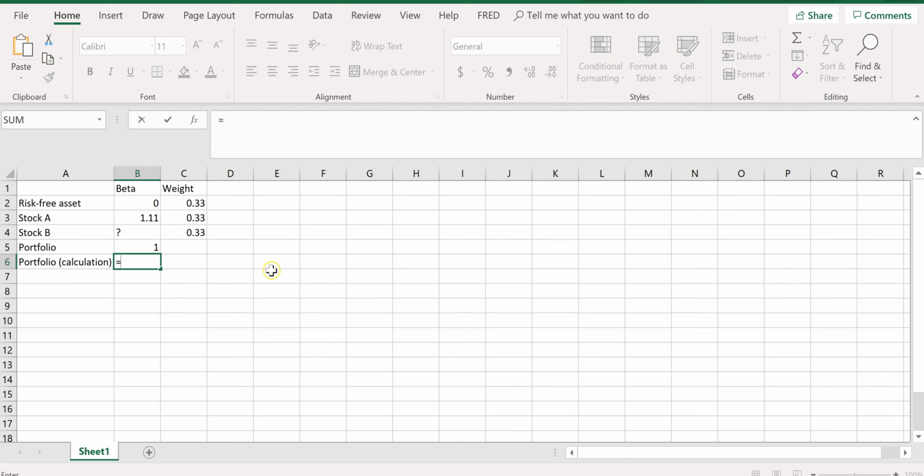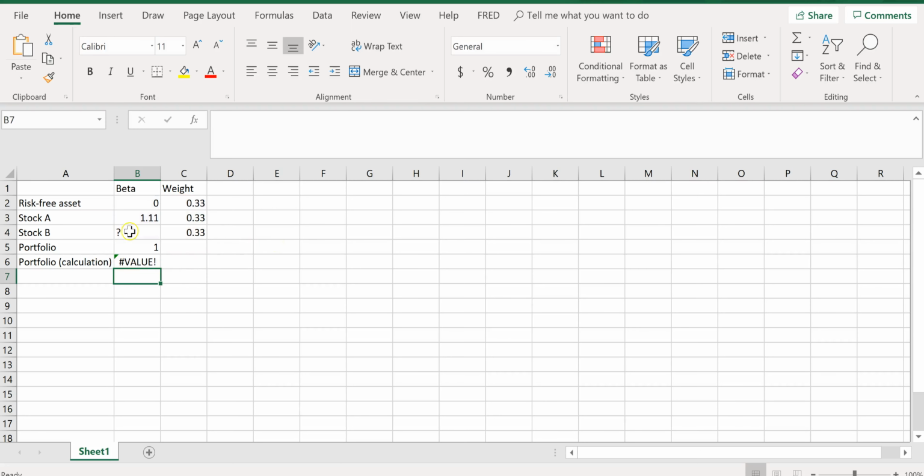That equals the weighted average. So we multiply each individual beta by its weight and sum up the products: the beta for the risk-free asset times its weight, plus the beta for stock A times its weight, plus the beta for this unknown times the weight for stock B.